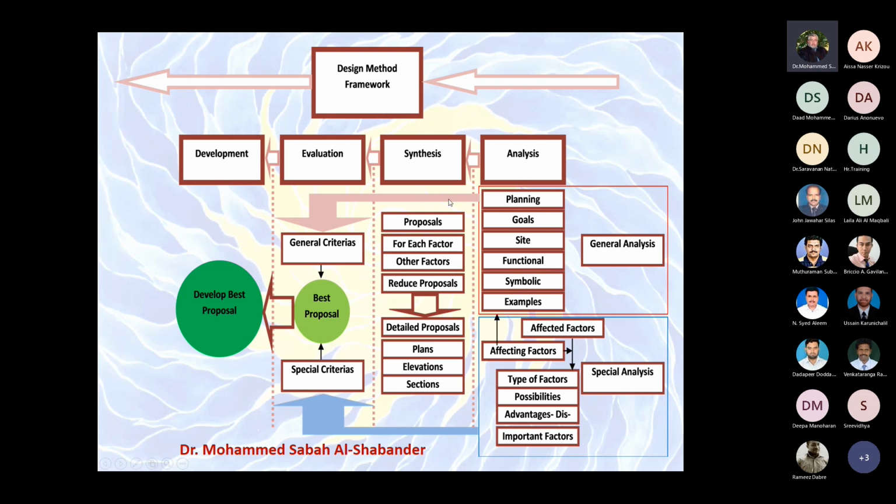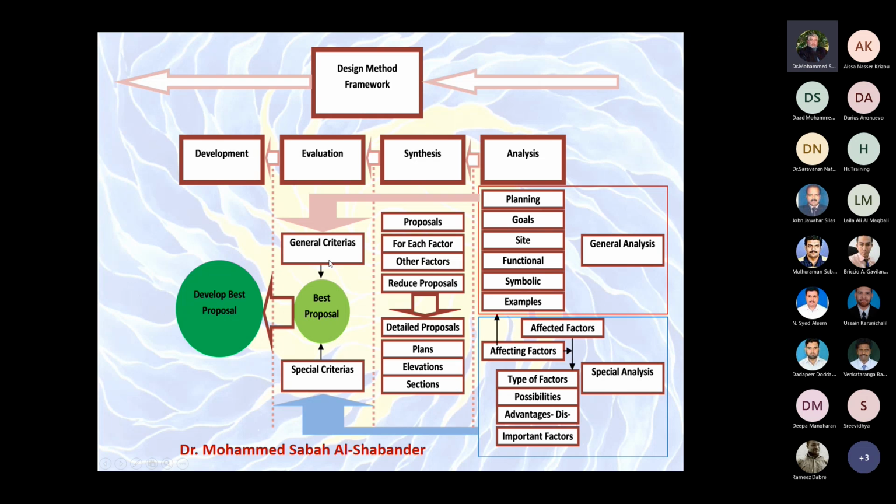Then after we do that synthesis, we can go to evaluation. Evaluation, this is the critique of the lecturer or the teacher to evaluate the proposals of the design of the students or the architect. Then it depends on general criteria.